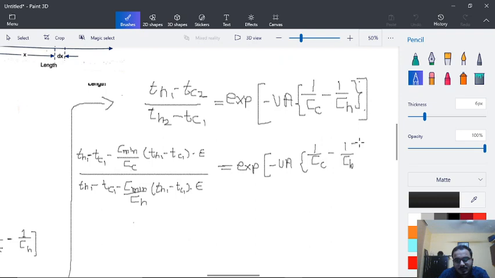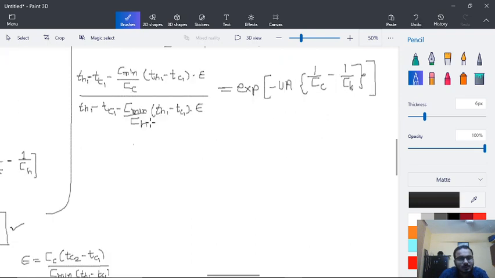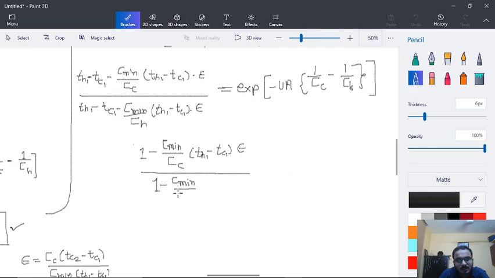So we require the value of epsilon. So we can take Th1 minus Tc1 common here. So we will only be left with 1 minus C minimum upon Cc into (Th1 minus Tc1) into epsilon divided by 1 minus C minimum upon Cc.